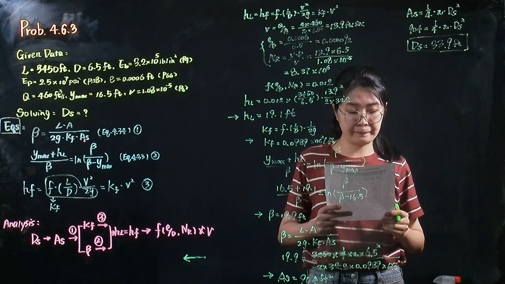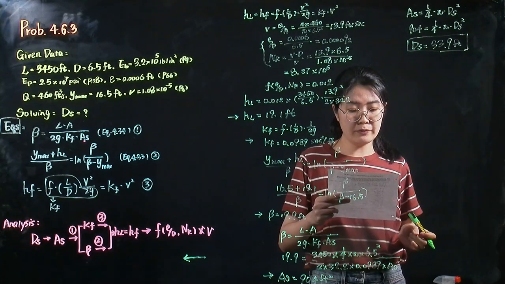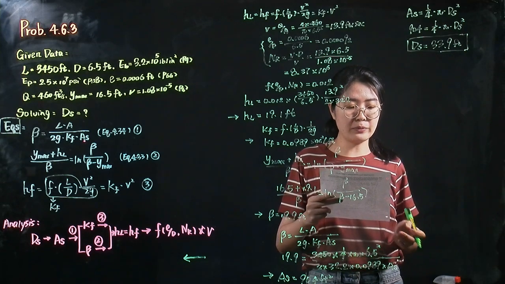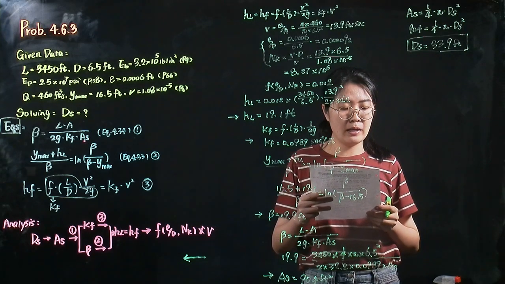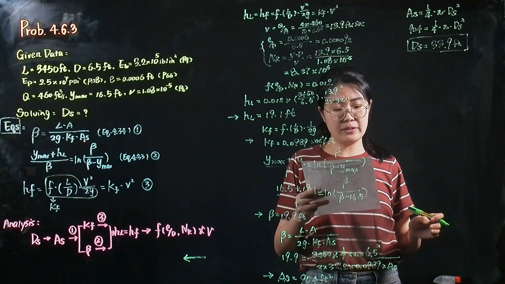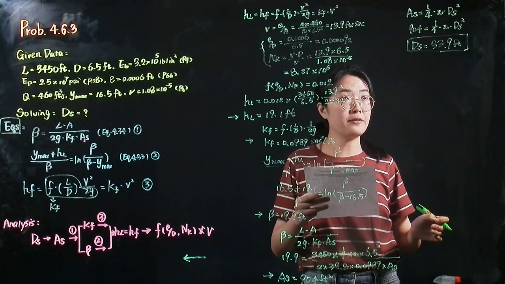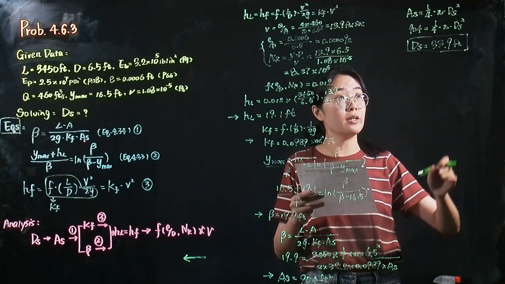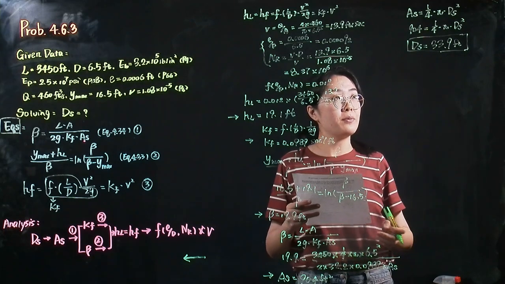Therefore, if the water in the tank is allowed to rise to 16.5 feet, the diameter of the surge tank should equal 33.9 feet.